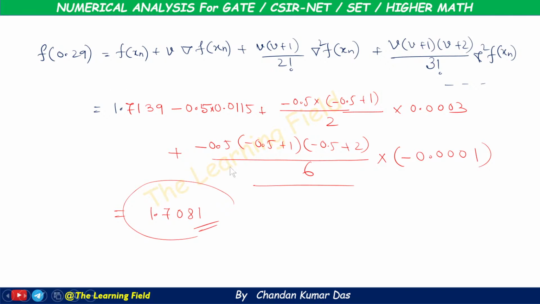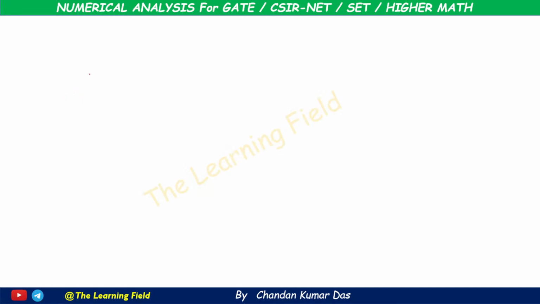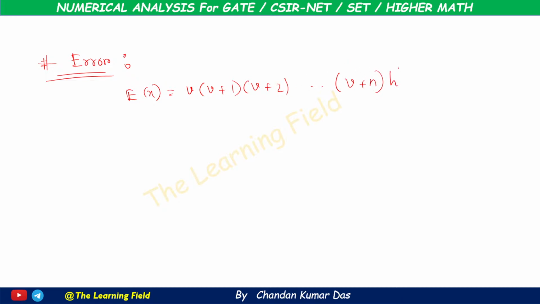Now we write the error term of Newton backward difference. The error term E of x is equal to v into (v plus 1) into (v plus 2) up to (v plus n), h to the power n plus 1, f to the power n plus 1 of xi, by n plus 1 factorial.